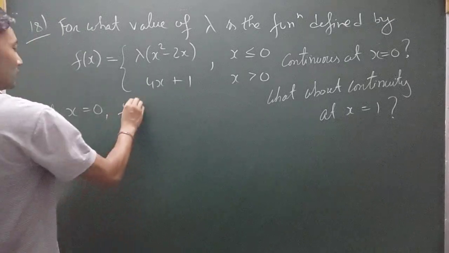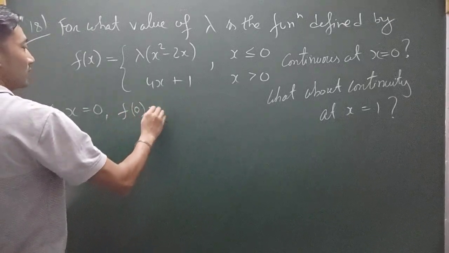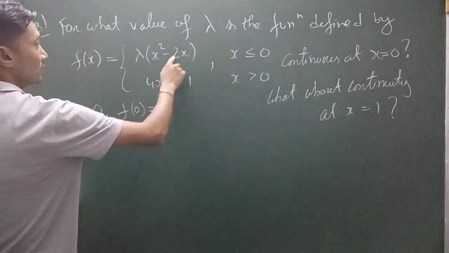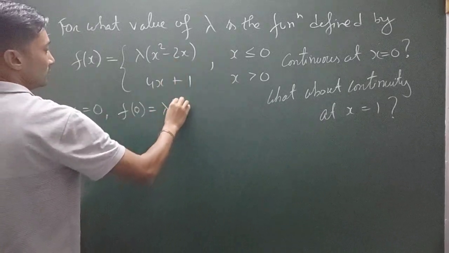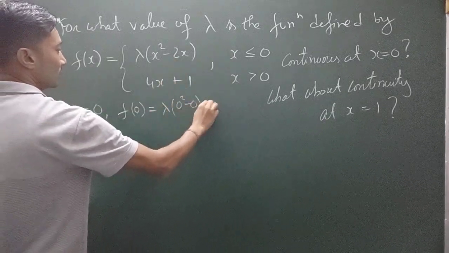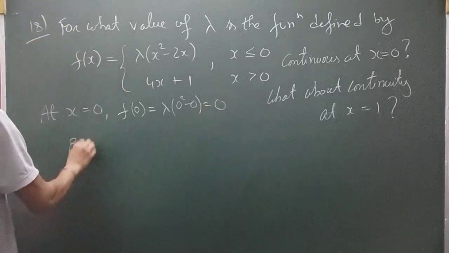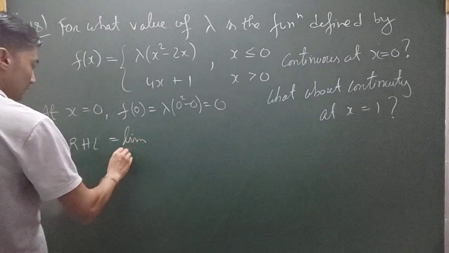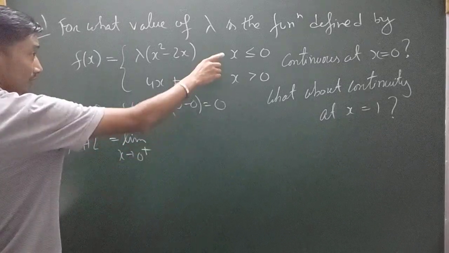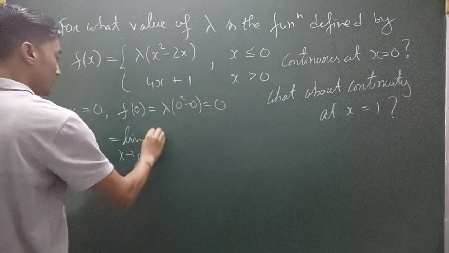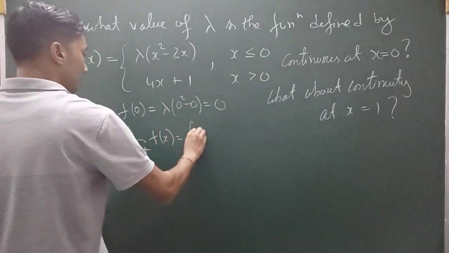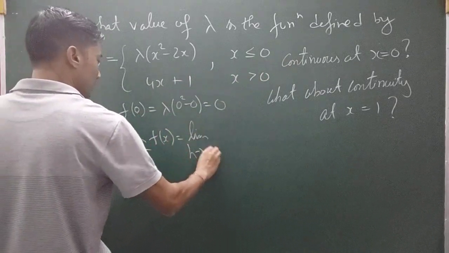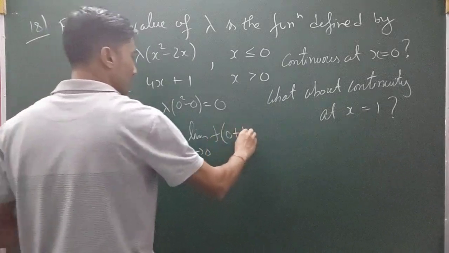At x equal to 0, let's find out the values. f of 0 is lambda into 0 square minus 0, which of course is 0. Right hand limit: the limiting value as x tends to 0 plus, for a very small interval, as h tends to 0, slightly greater than 0.